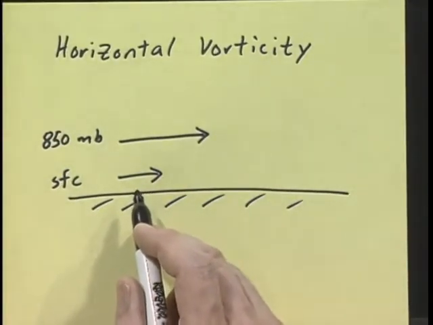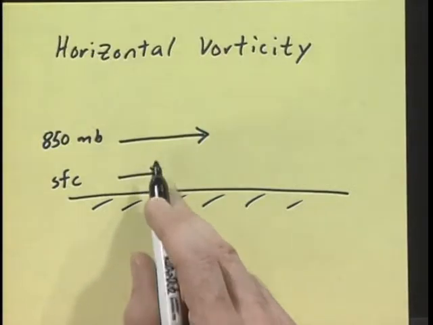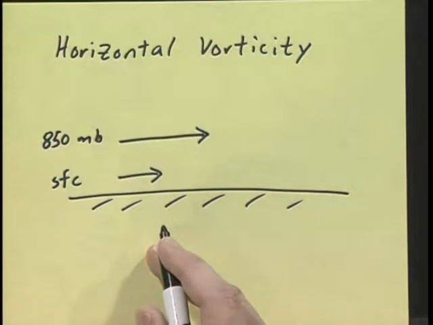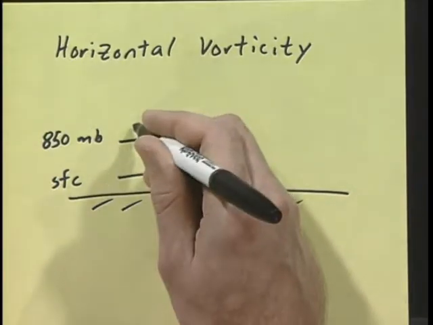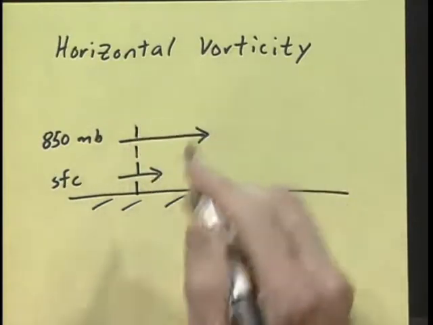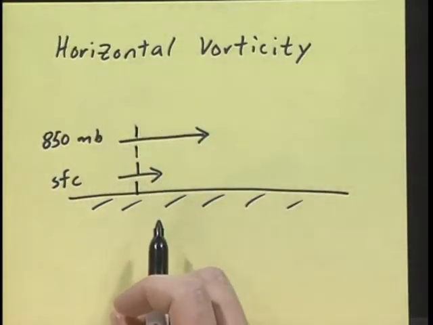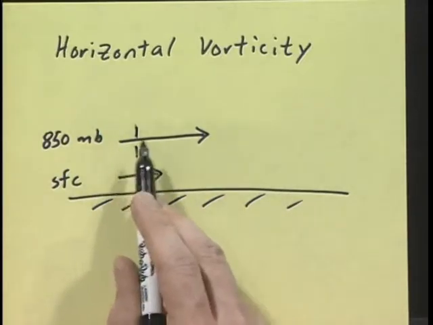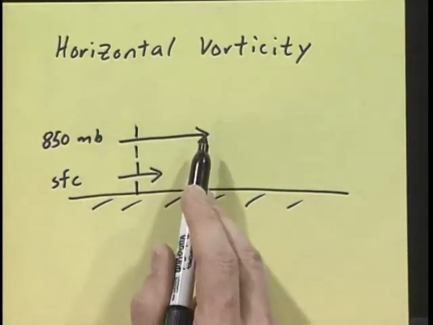So here's how it can be generated just with speed shear. You have the winds increasing with height from the surface to 850 millibars in this example. If we draw in an imaginary line segment here, that line segment is going to be forced to rotate over time because the top portion of this line segment is experiencing stronger winds.